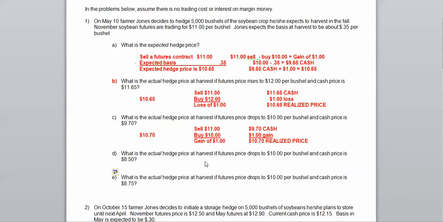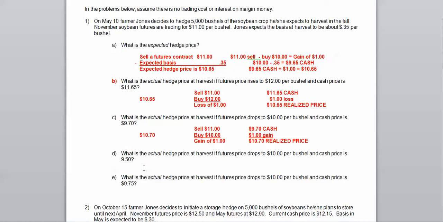Now, in D, basis is, let's see, $10 minus $8.50. Basis, oh shoot, that should actually be $9.50. Change this to $9.50. If this is $9.50, our basis is 50 cents under.